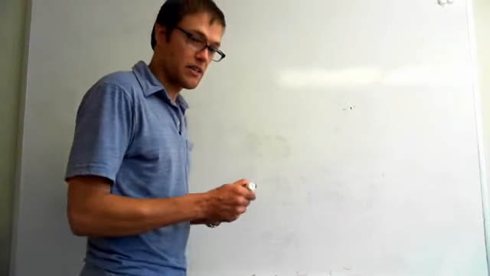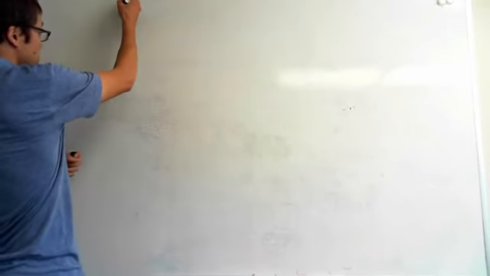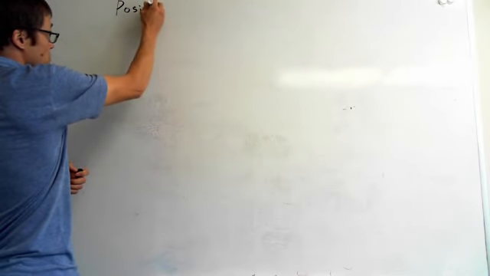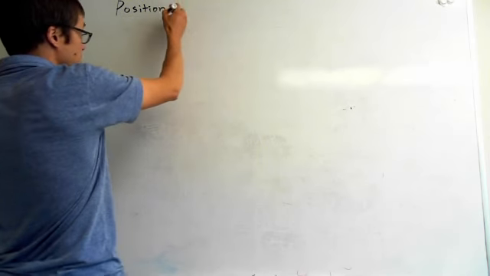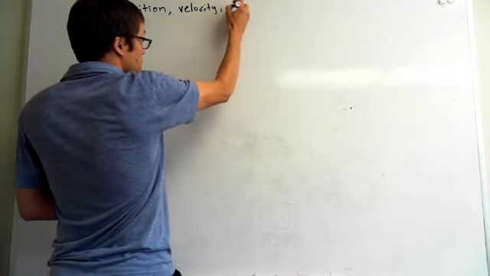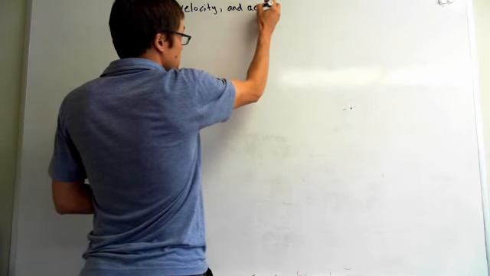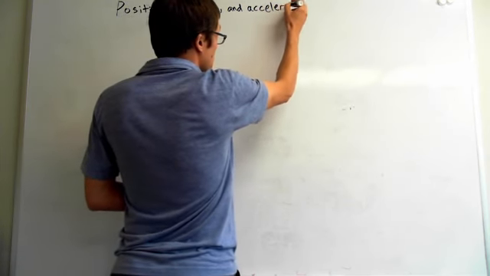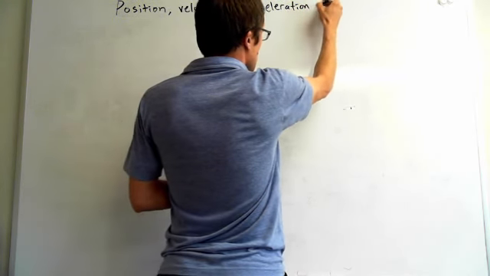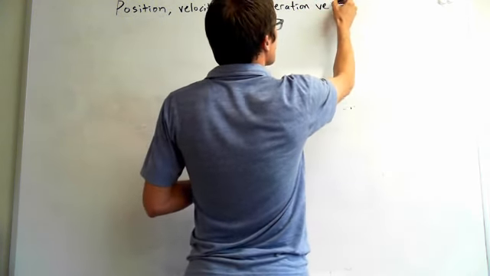Okay, so let's go ahead and get started. In particular, what we're going to do today is figure out how to write down position, velocity, and acceleration vectors in cylindrical polar coordinates.